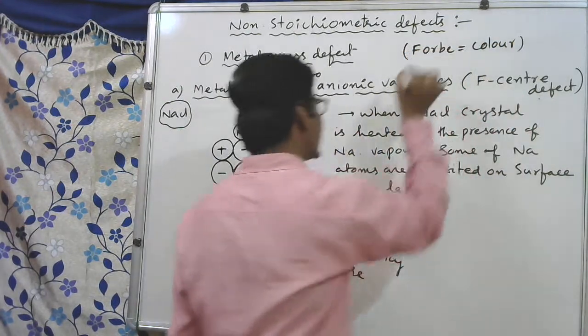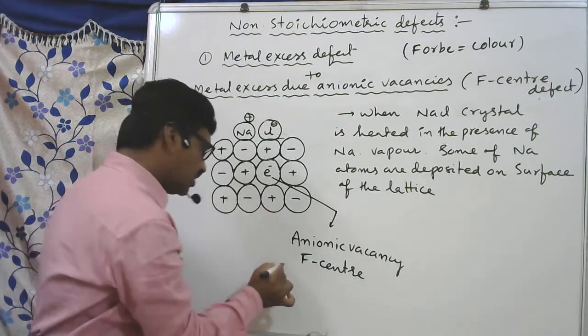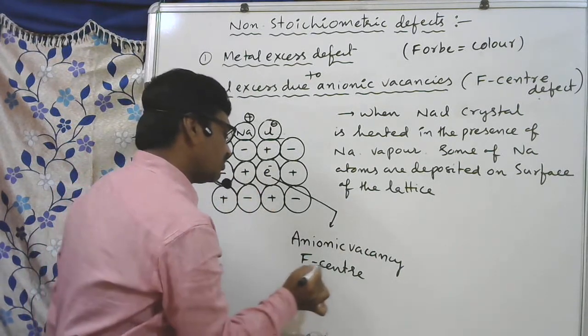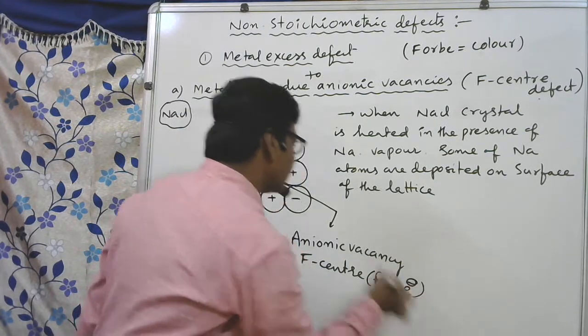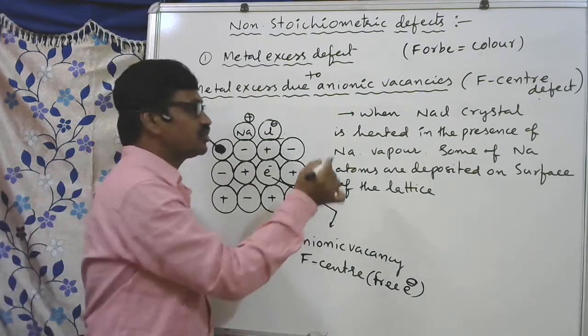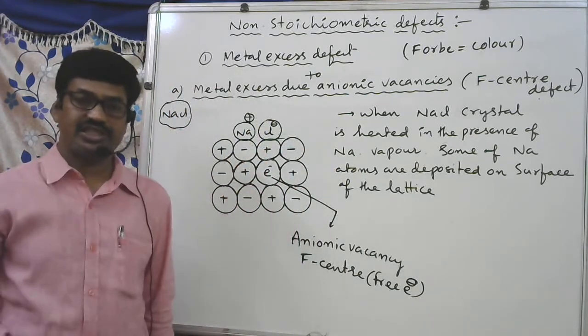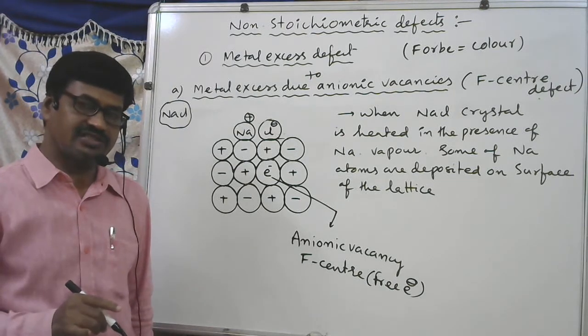Because of these free electrons, the F center must contain free electrons. Due to these free electrons only, it can show which color? Yellow color. Just now I gave the colors of different crystals.